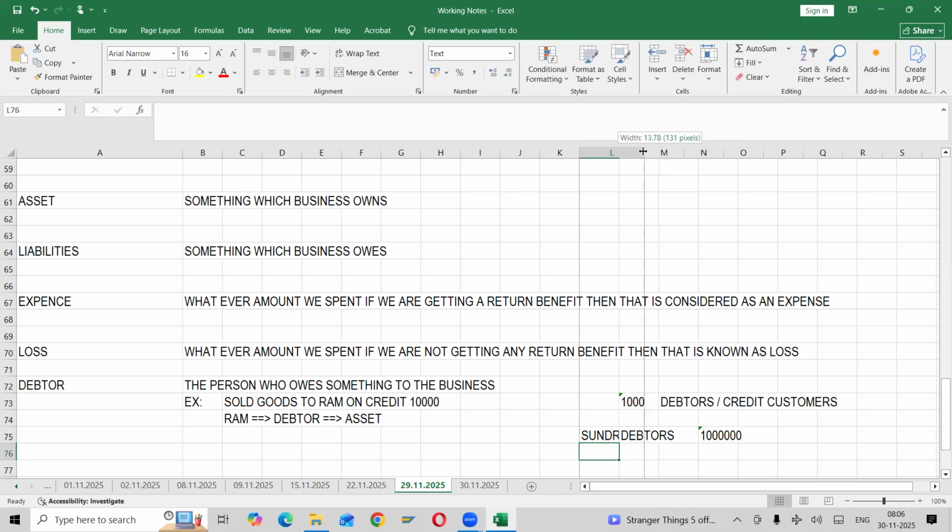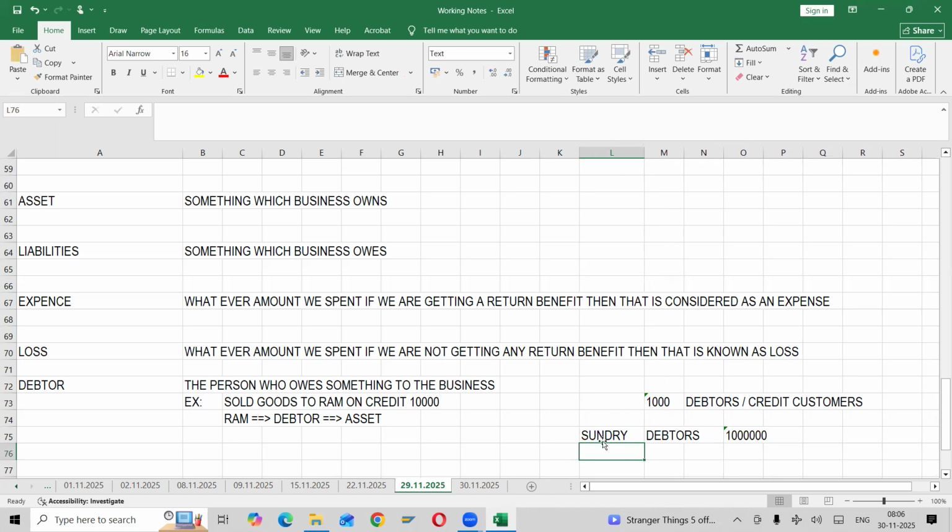What do you mean by sundry? Wherever you see sundry, it is nothing but a group. Sundry is a Latin word, not an English word. Sundry means group in English. So sundry is nothing but a group of debtors. Clear? Sundry means group of debtors.